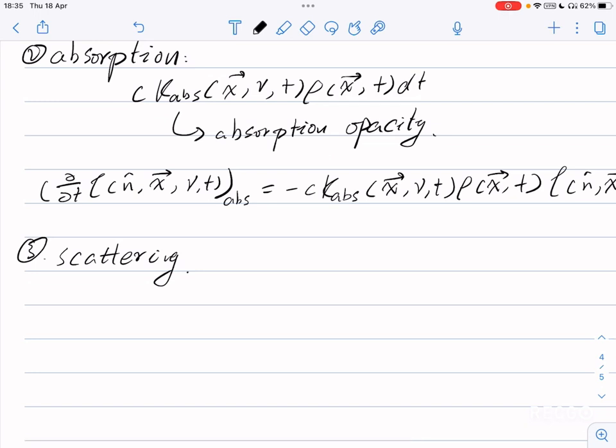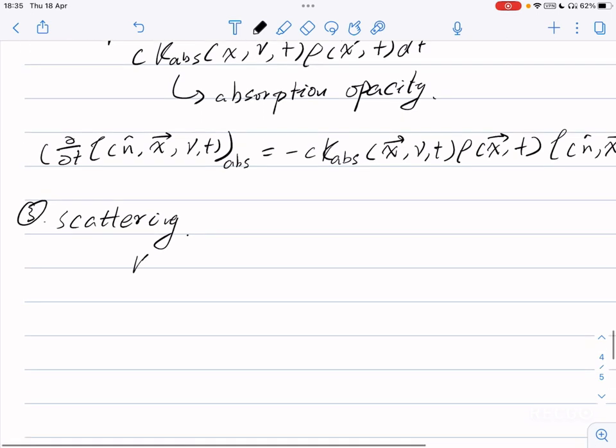So let's introduce the fraction of the radiation energy of frequency ν and direction n at position x and time t that is scattered to a new direction n′. It's χ_s(n → n′, x, ν, t). This is the original direction, and this is the direction the photon is scattered to.